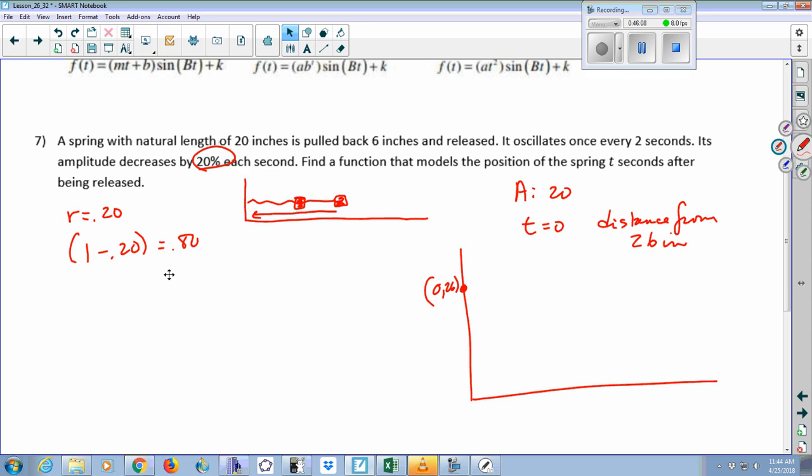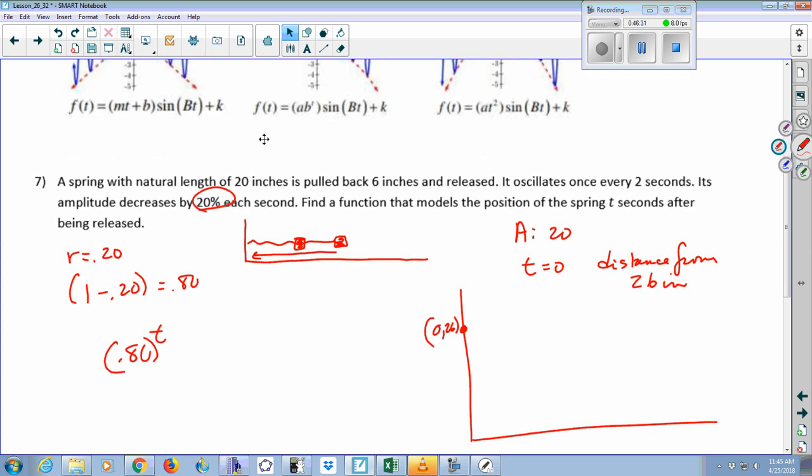Exponential decay. Okay. And so we get 0.8 to the t, and when t is 0, we're at 26, right? But that's our height. How are we going to do this?